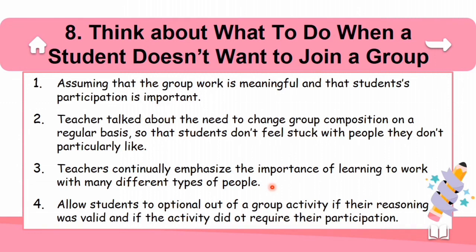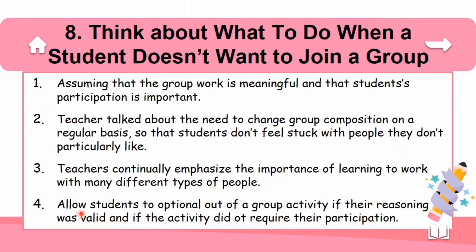It's very important because part of education is developing the social skills needed to work with a variety of people, such as when we go to work someday in the future, maybe we have a job, and we also must face different types of people, right? So the teacher needs to stress that these are essential skills, not just for school but also for our life.